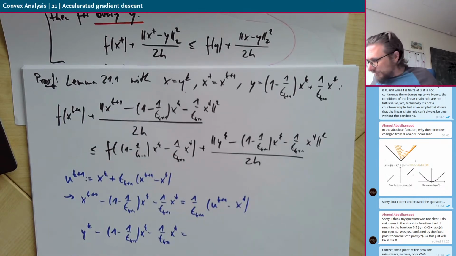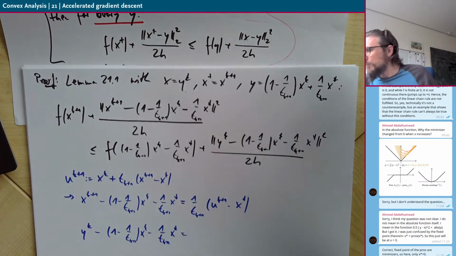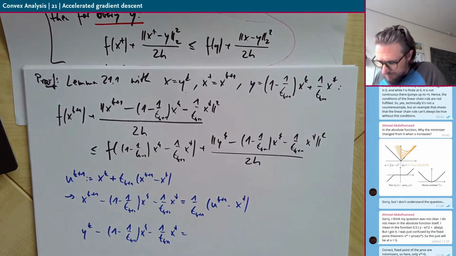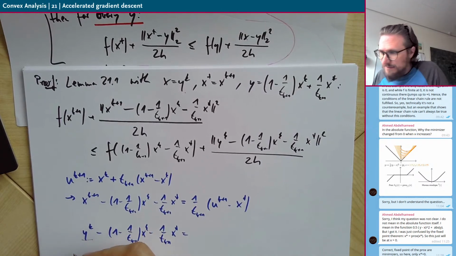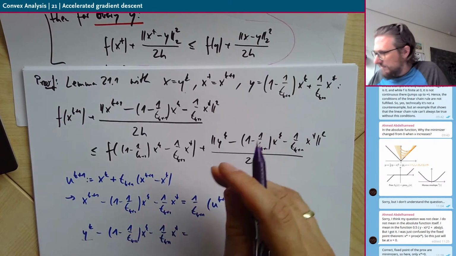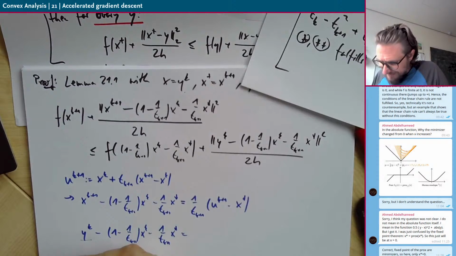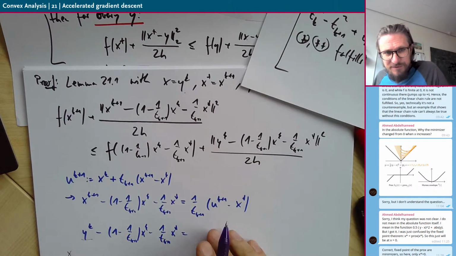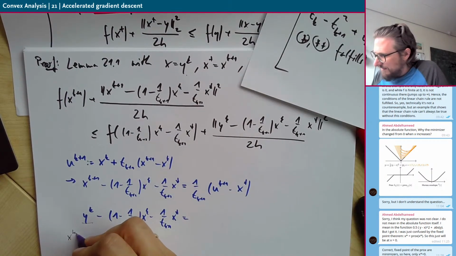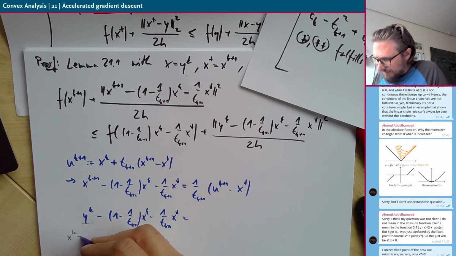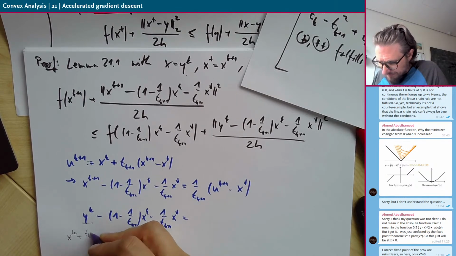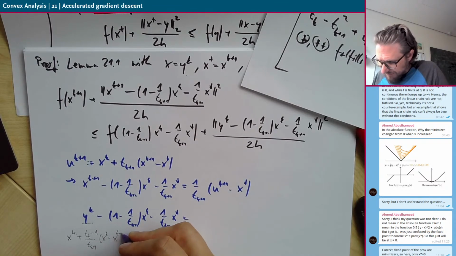and doing some manipulations. Remembering that yk is actually given here, this is the same as xk plus tk minus 1 over tk plus 1 times xk minus xk minus 1.